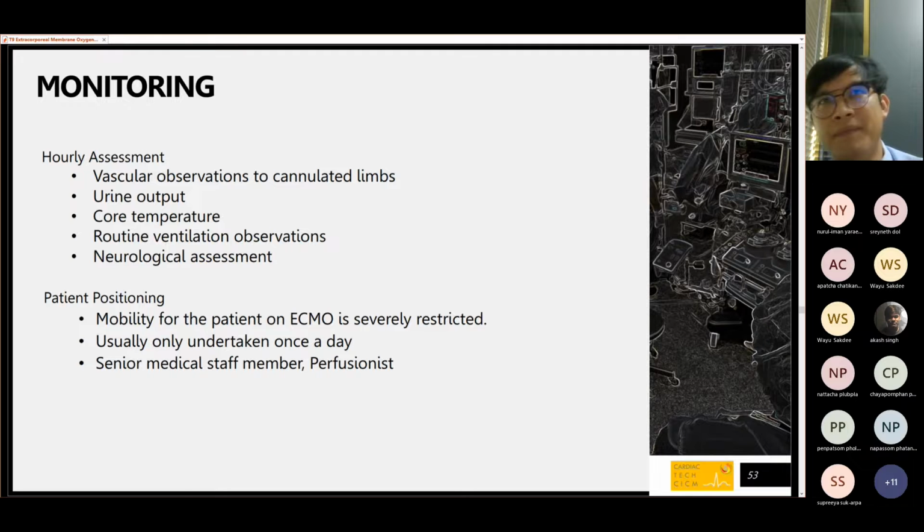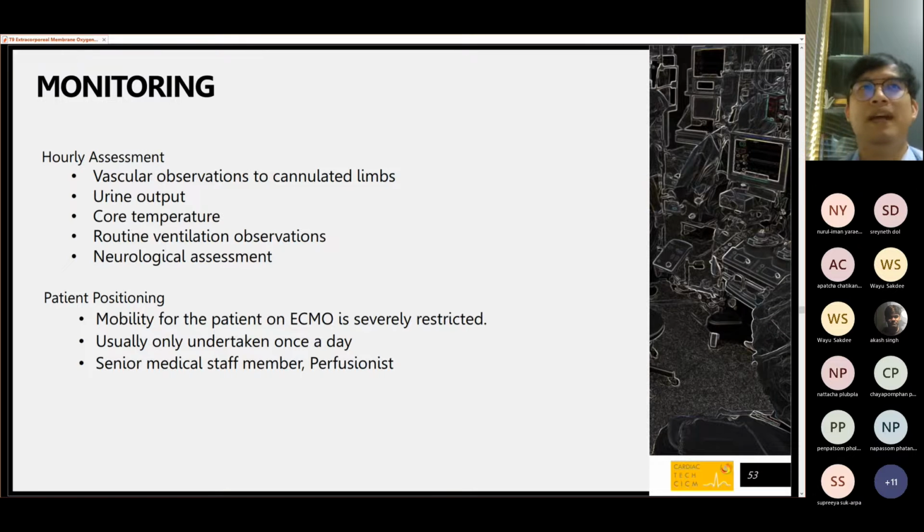So some patients who are very unstable, might be because of cardiac arrest or right heart failure issues, you need to call other people to help you reposition the patient, and your role is carrying on the ECMO circuit.